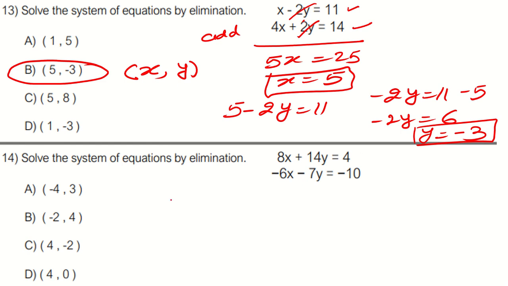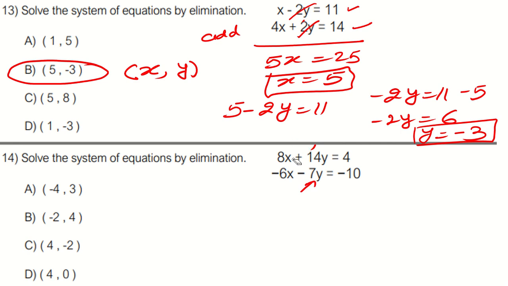Okay, same here. You see, solve the system of equations by elimination, but here no coefficients are equal. In the first equation, the coefficient of x is 8 and in the second equation the coefficient of x is minus 6. In the first equation, the coefficient of y is 14, and in the second equation, the coefficient of y is minus 7.